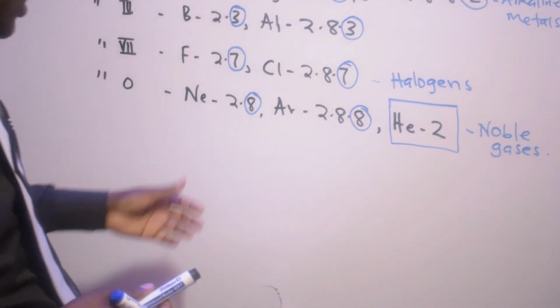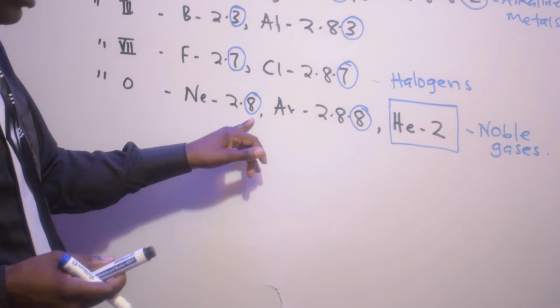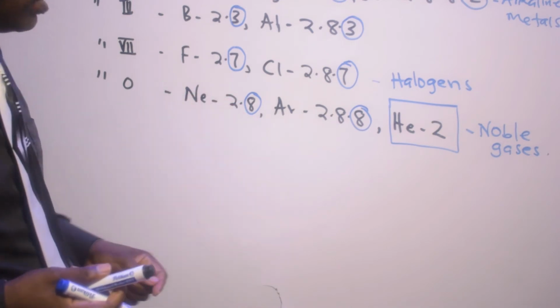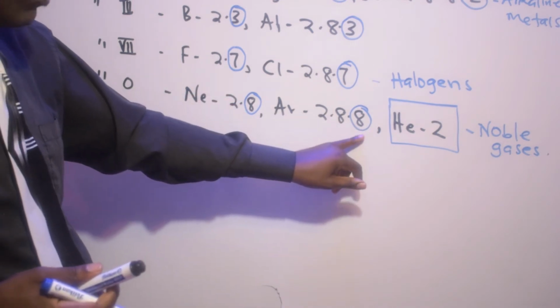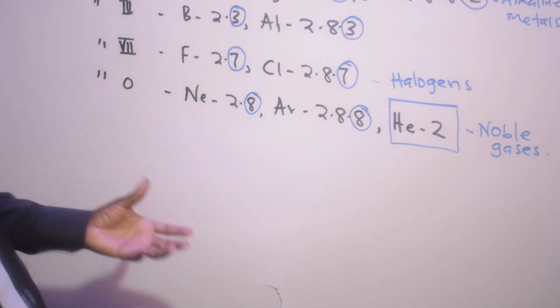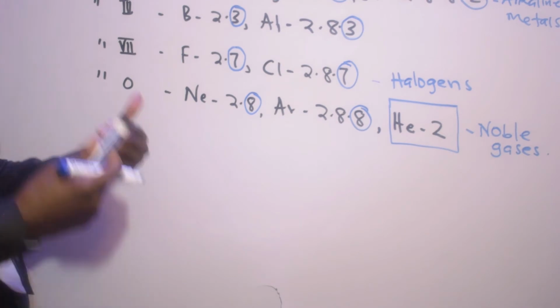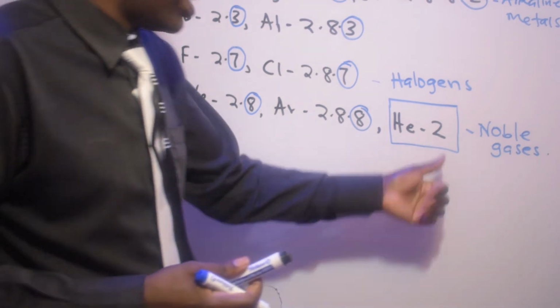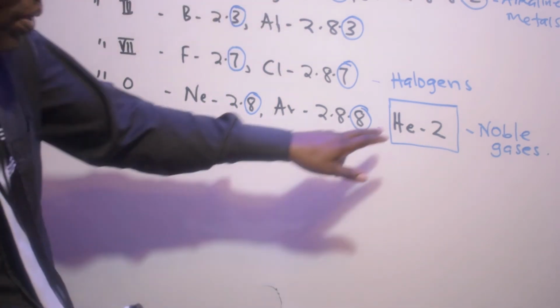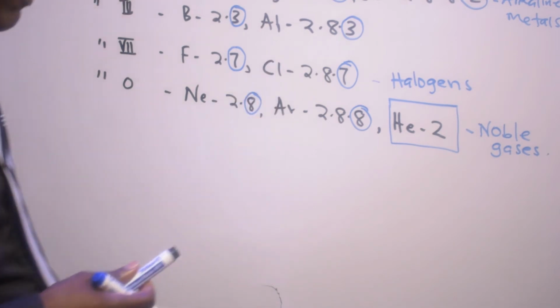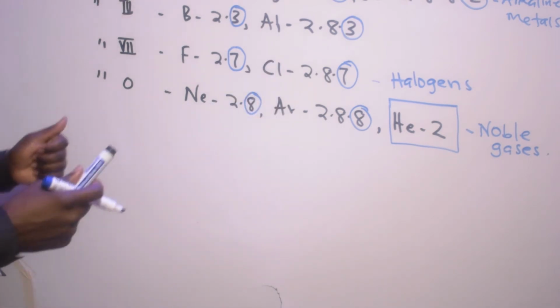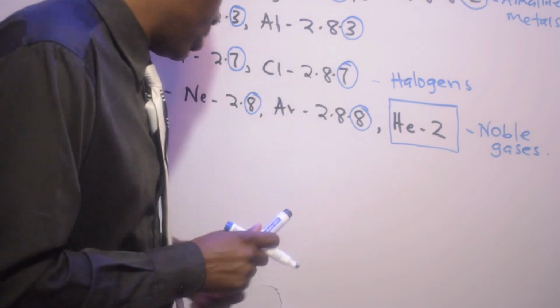Neon's outermost energy level holds 8, which is the maximum it can hold. Argon has 8 electrons in the outermost energy level, again the maximum. Helium has 2 electrons, which is the maximum that the first energy level can hold.